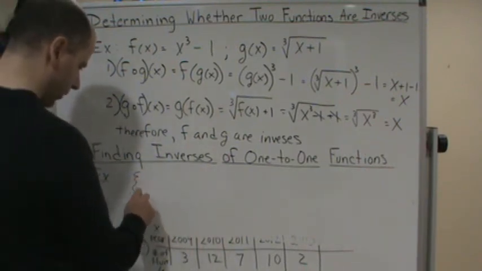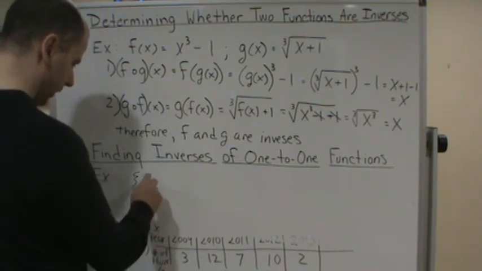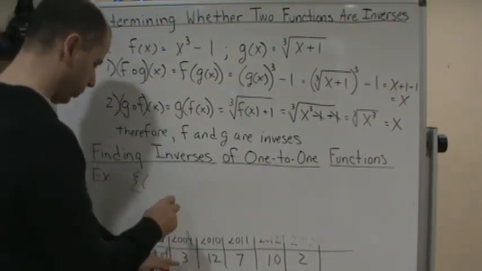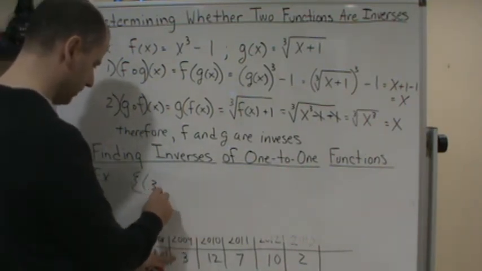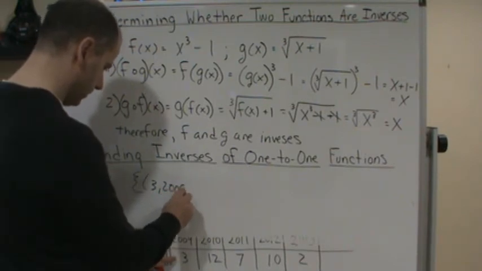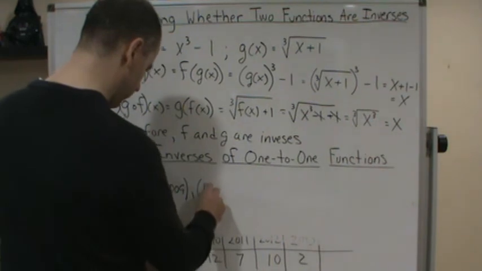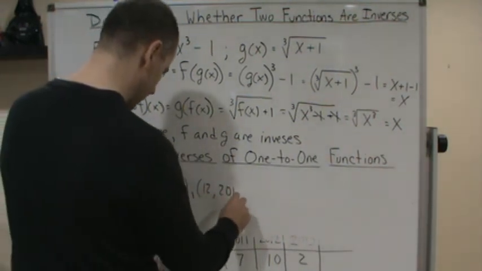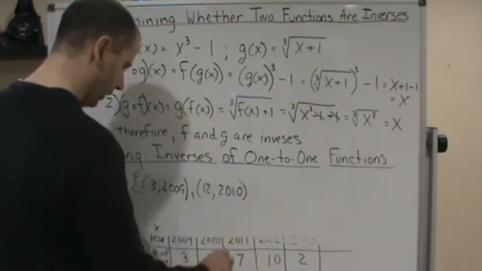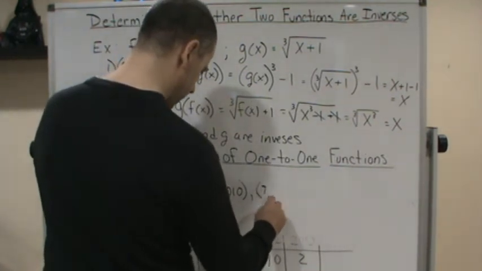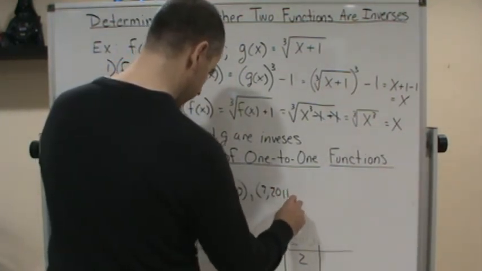So our inverse function would be what? It would be 3 comma 2009. And then 12 comma 2010, and then 7, comma 2011.